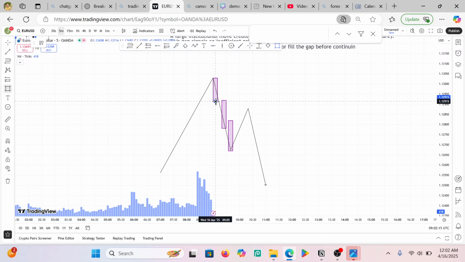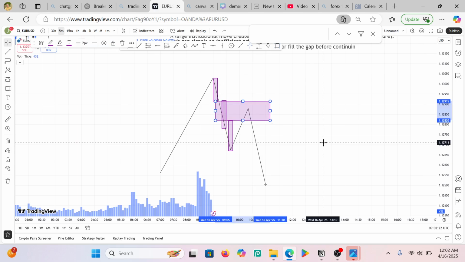You mark the low of the first candlestick and the high of the third candlestick.